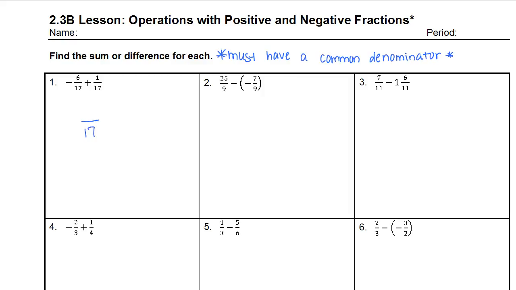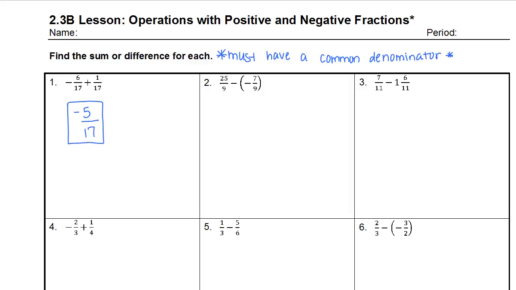So thinking about the chip model that we looked at earlier in Module 2, we know there would be 6 shaded chips and 1 unshaded chip, so we'd have 1 zero pair and 5 negatives remaining. -5/17 is a proper fraction and in simplest form. So that is our answer, and we'll box it and move on.